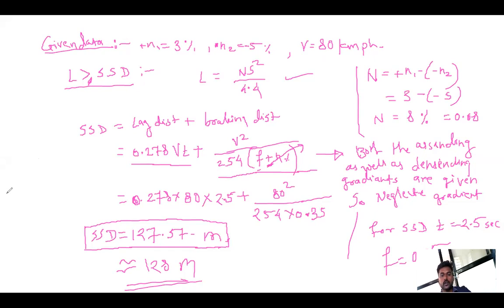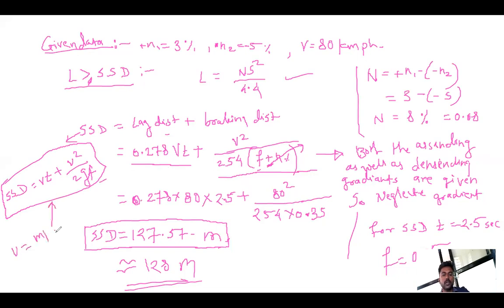Also, we know that SSD is lag distance plus braking distance. You might be thinking that the formula for calculating SSD is VT plus V square upon 2GF. There are both formulas. When to use this formula? When V is in meter per second, we go with this formula, VT plus V square upon 2GF.